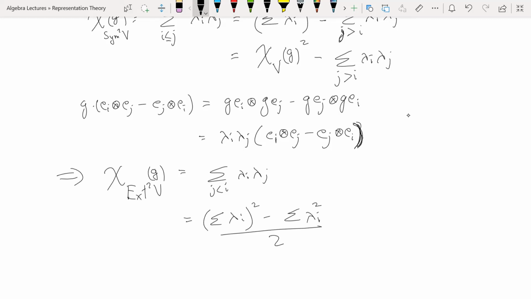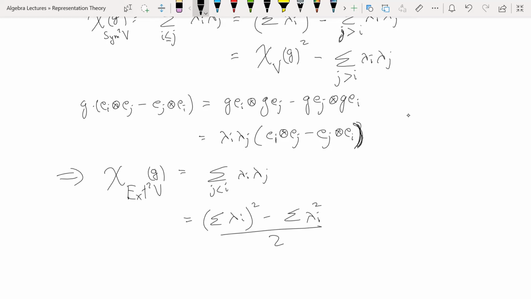Is this okay? What I'll do is, the i not equal to j case is captured here. Summation lambda_i whole square minus summation lambda_i square is basically summation lambda_i lambda_j where i is different from j. So if you divide by 2, you get i strictly less than j.